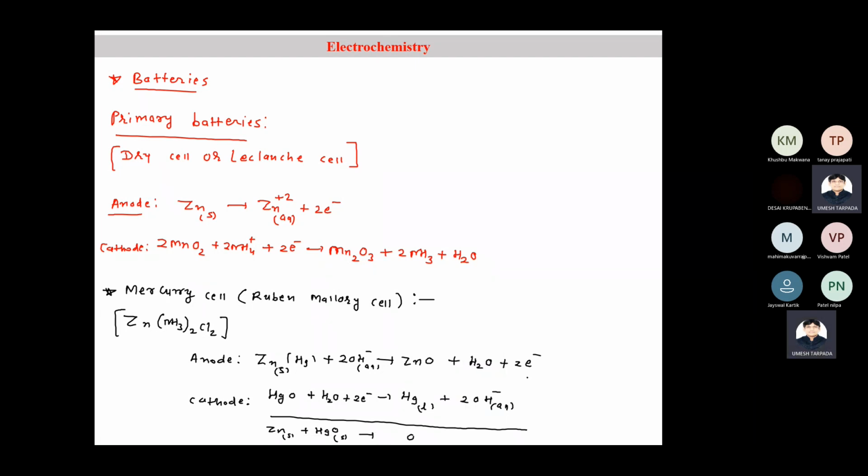The oxygen donor undergoes oxidation and the oxygen acceptor undergoes reduction. So this is the overall reaction taking place at different electrodes in a mercury cell or Ruben-Mallory cell.